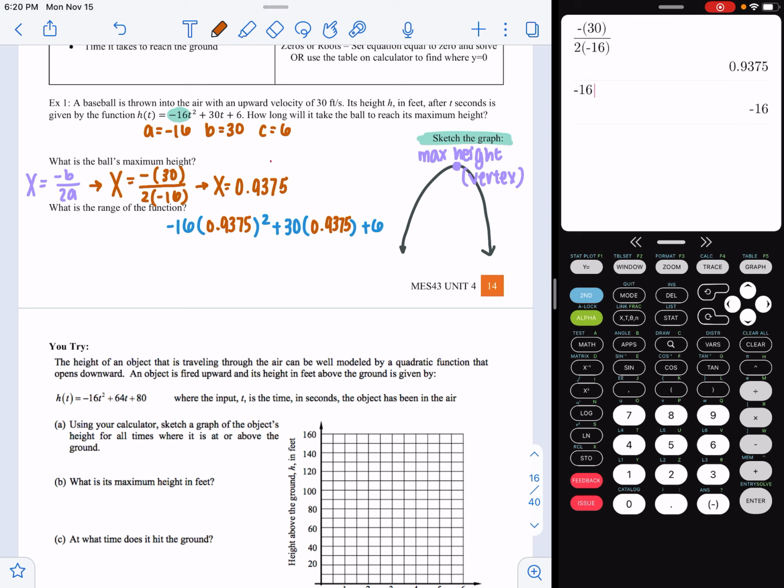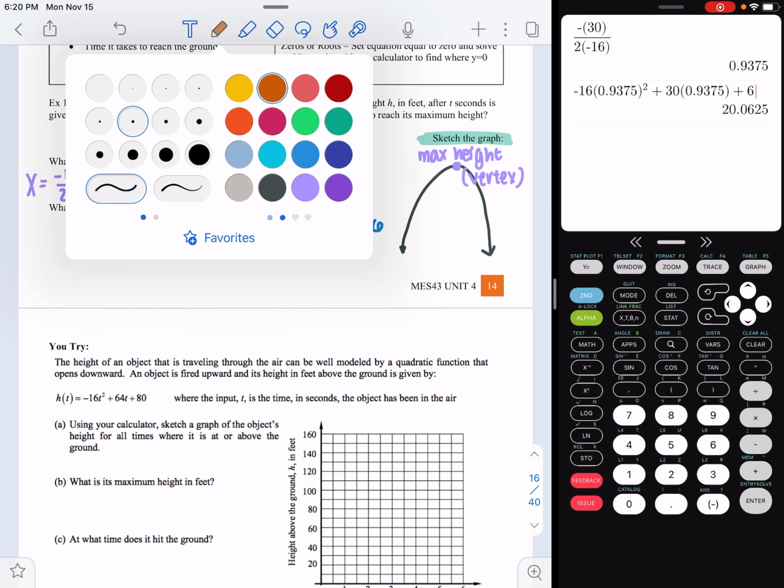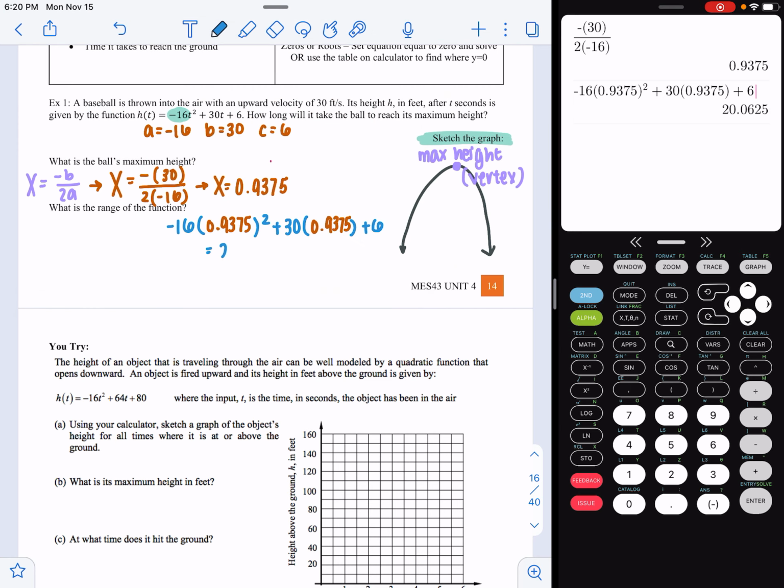Negative 16 parentheses 0.9375 squared plus 30 parentheses 0.9375 close parentheses plus 6. So this gives us 20.0625 feet. Okay, so I want us to really understand what we did here.